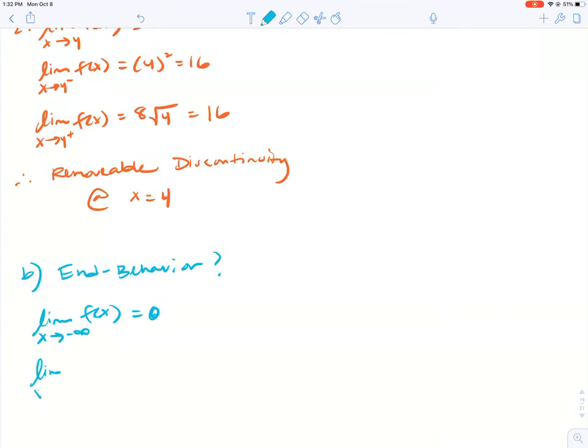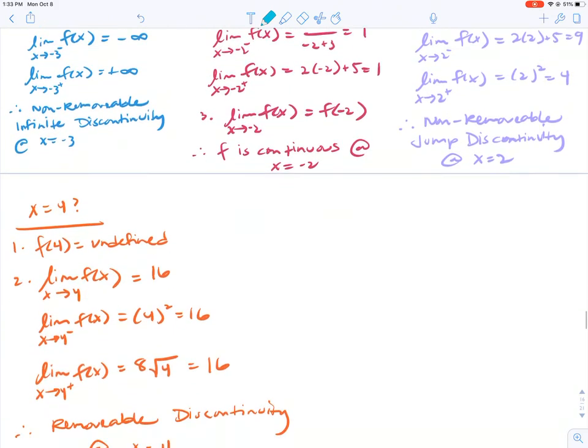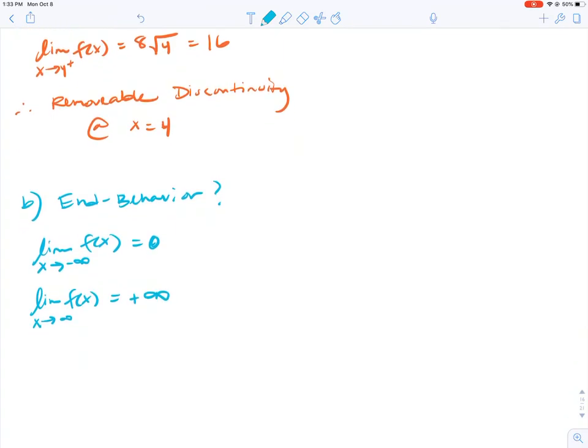Okay. And then the limit as x approaches positive infinity. We go to the last piece. Well, what is 8 times root x approaching as x approaches infinity? It's also going to approach infinity. So those limits help us describe the end behavior.